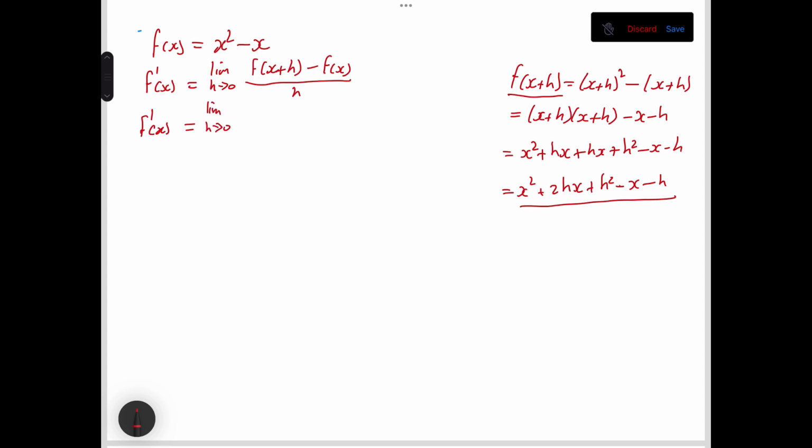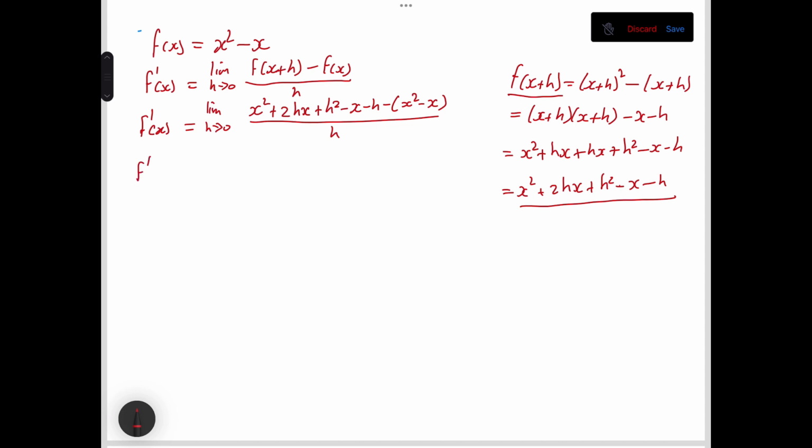So it's going to be x squared plus 2hx plus h squared minus x minus h. Now you have two terms there, so substitute using brackets, people. Be very careful. We want to get these 5 marks in the exams. Over h.